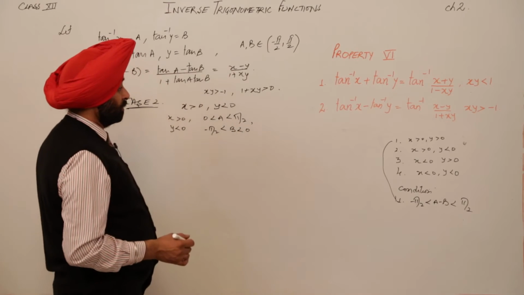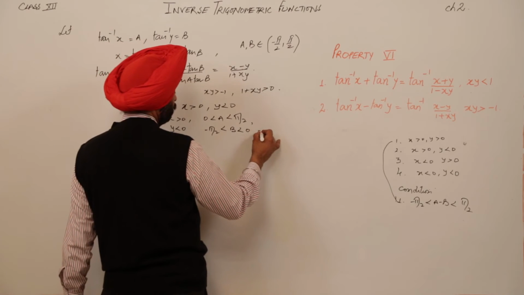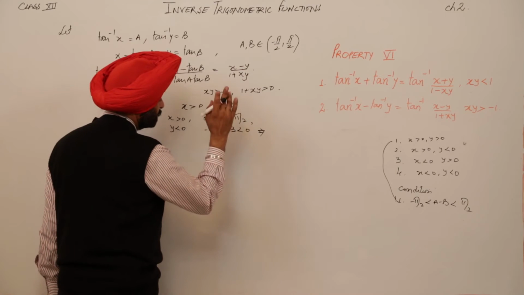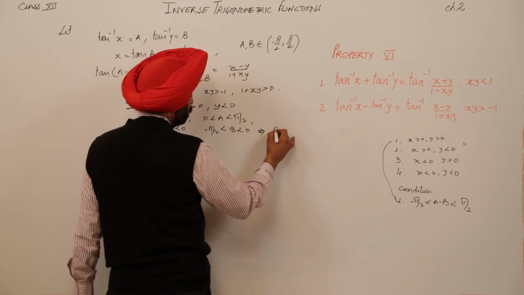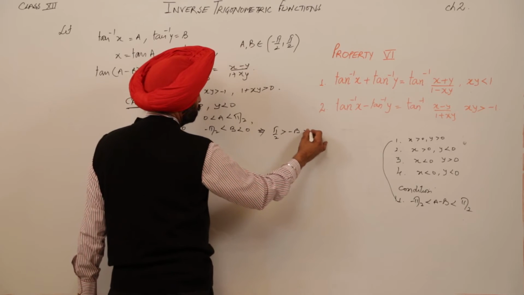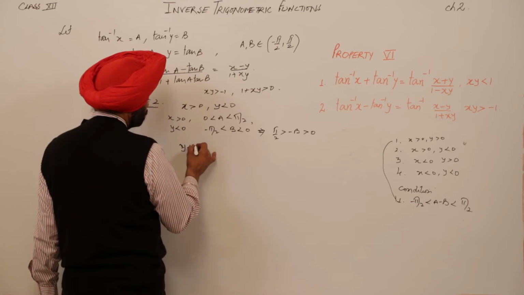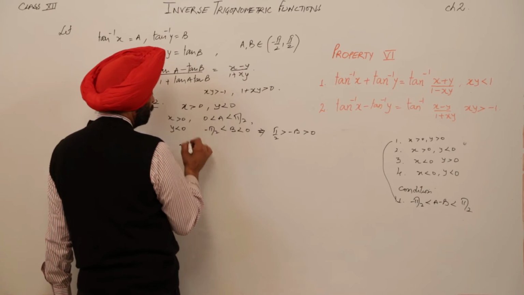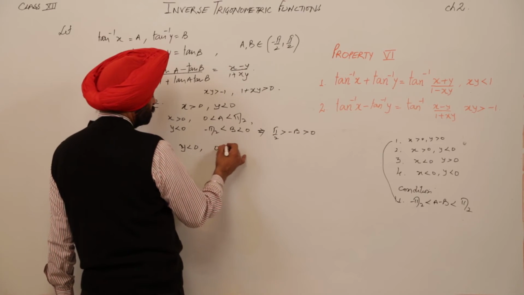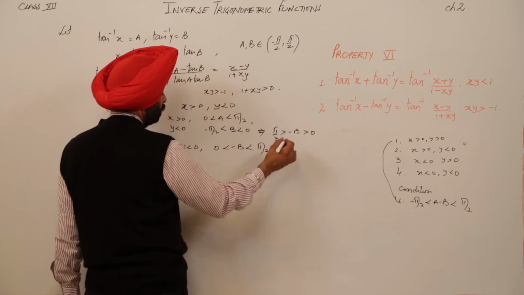Again we want minus b. So when I change the signs, we have pi by 2 is greater than minus b is greater than 0. So when y is less than 0, we get 0 is less than minus b is less than pi by 2.